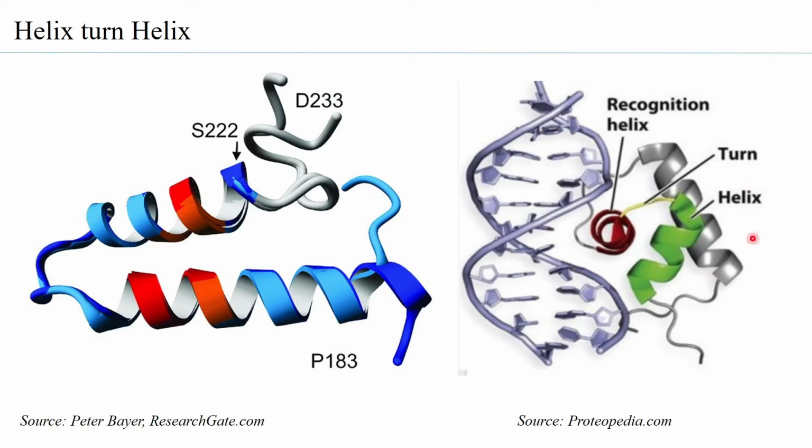So you may not have a particular protein having a helix turn helix going and binding to any region of the DNA. It would go and bind only to specific sequences in the DNA. That is because the recognition helix would have amino acids that contribute to hydrophobicity, and they can in turn interact with the nucleobases.